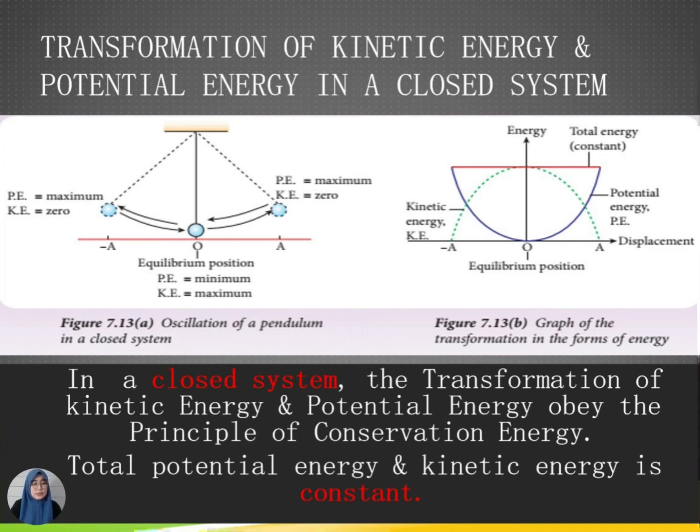Again, in the closed system it will be constant. What is a closed system? A closed system means it is not influenced by any other energy. So that's why we call it constant.